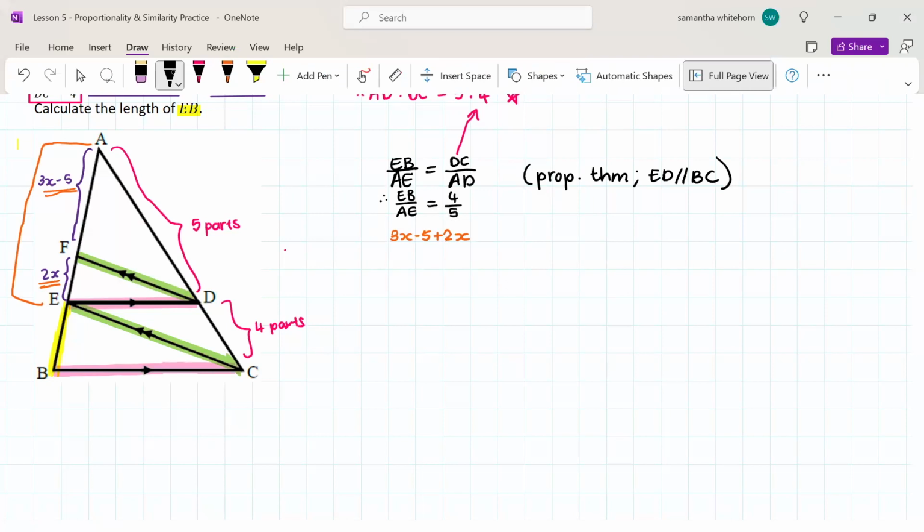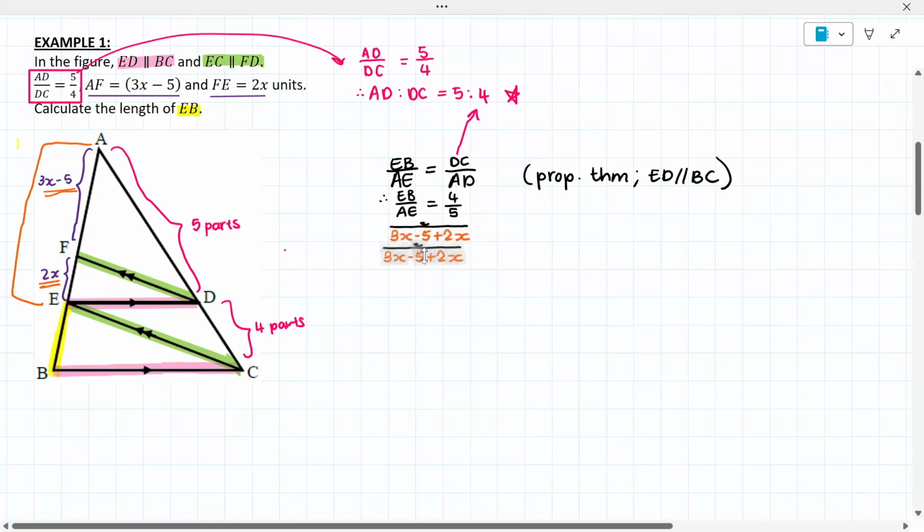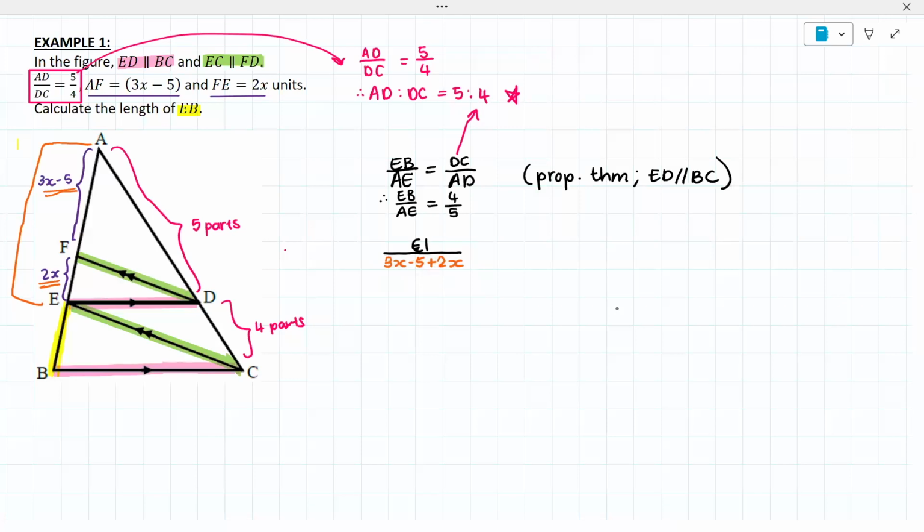Yes, it's in terms of x, but that's fine. We can deal with that in a second if we need to. Oh, technology is really testing all of my patience today. But we know that EB over whatever AE was, which was that 3x minus 5, to 4 over 5. Okay, so we're starting to get somewhere.